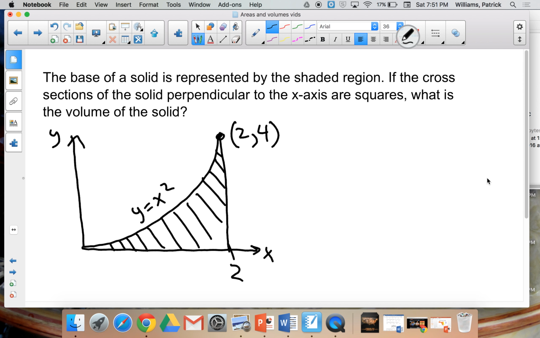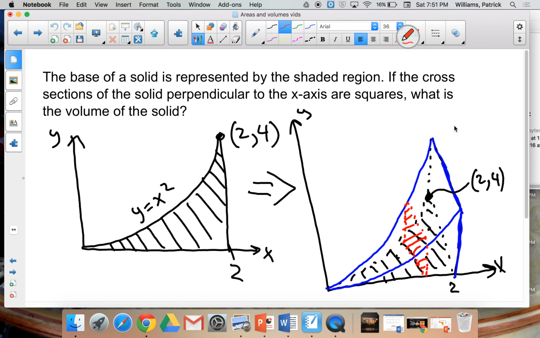So what I went ahead and did for us is on the next one, I translated this into a three-dimensional image. Again, the blue represents the outline of the volume. We still can see in here our black shaded region, and I've put the points on the x and y axis. And this time the red, again, represents the cross-section.